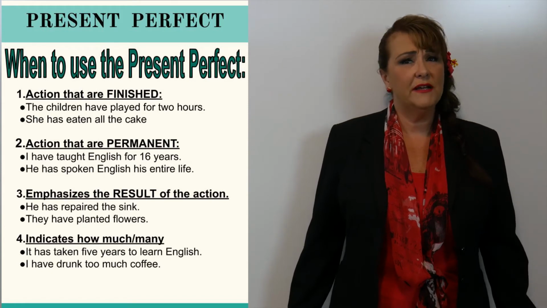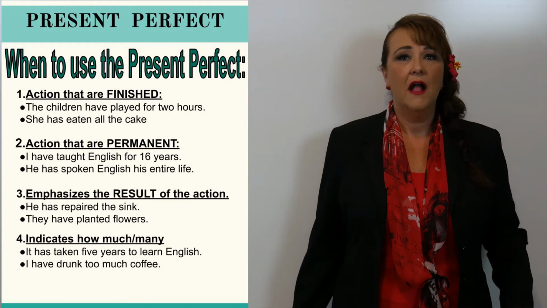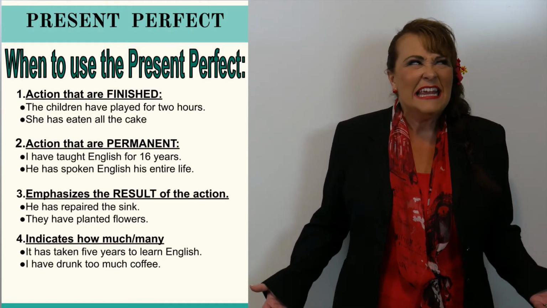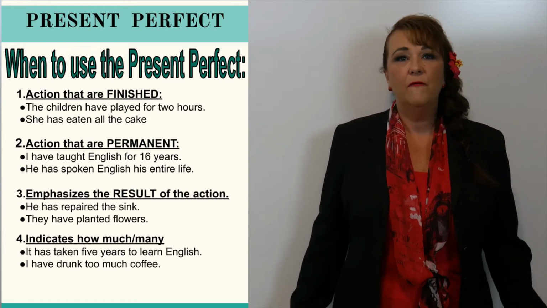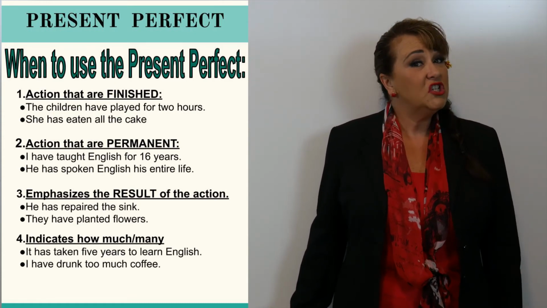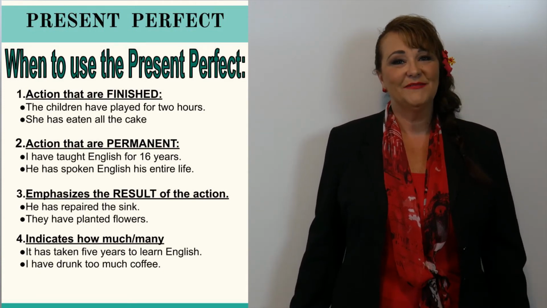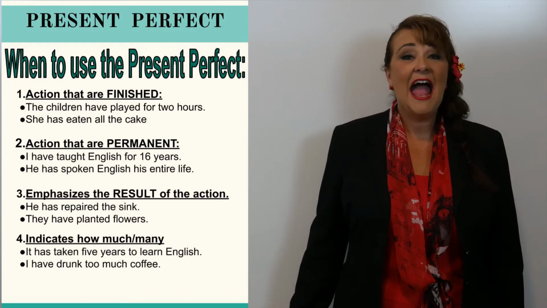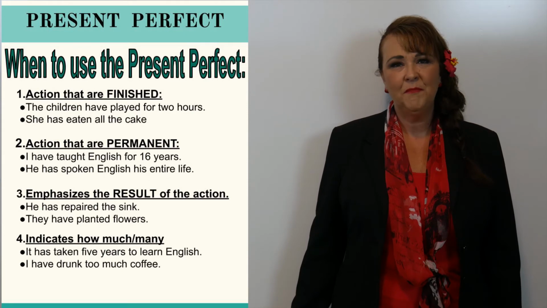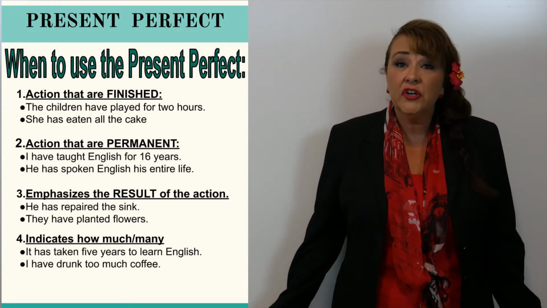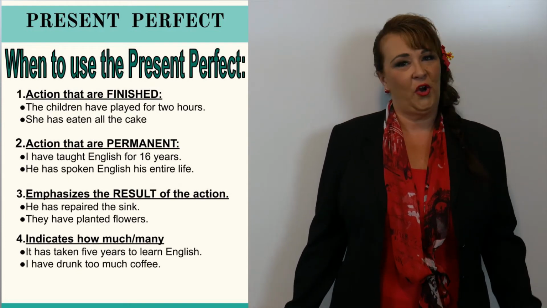We use the present perfect to talk about a finished action that happened at an indefinite time in the past. For example, the children have played for 2 hours. She has eaten all the cake. Each of these actions occurred, but it's not stated exactly when they occurred.